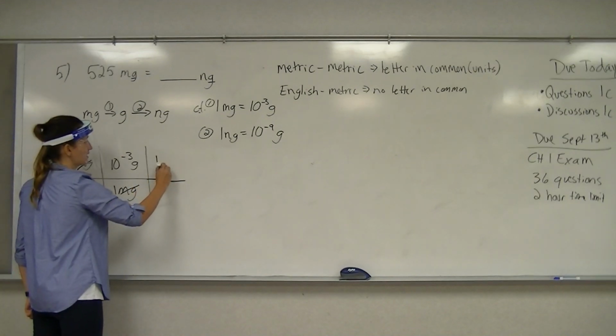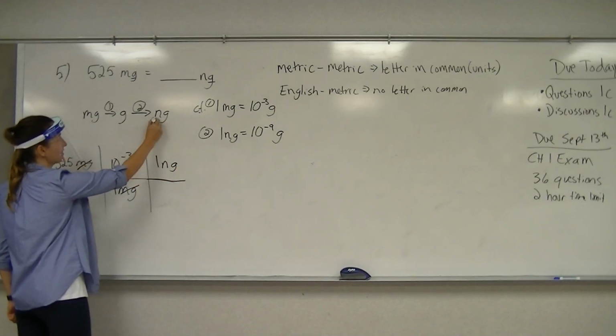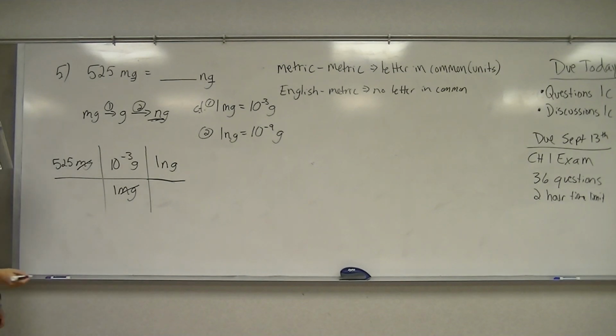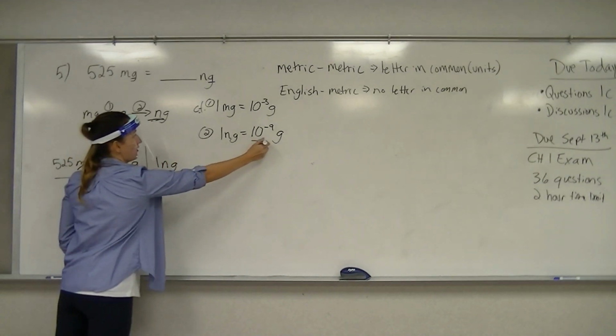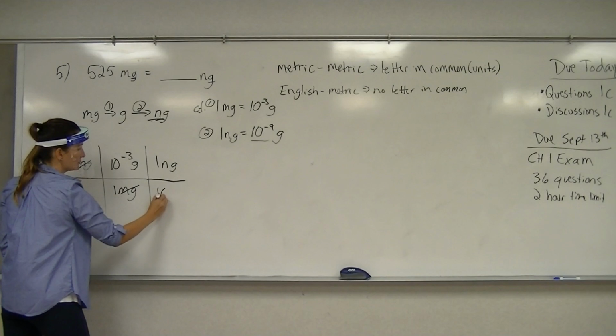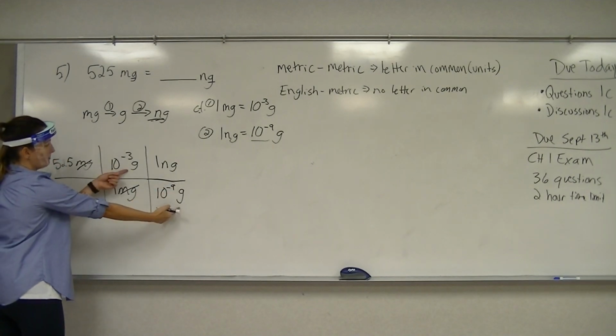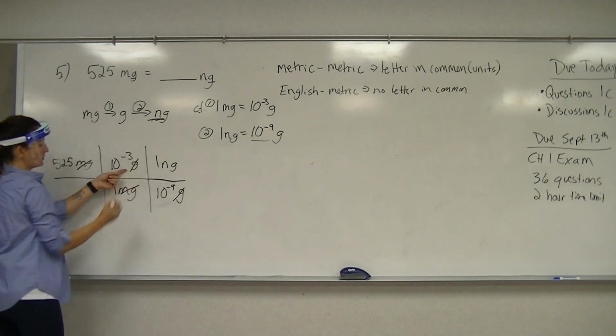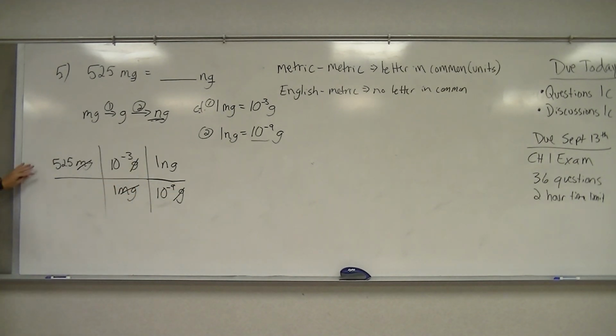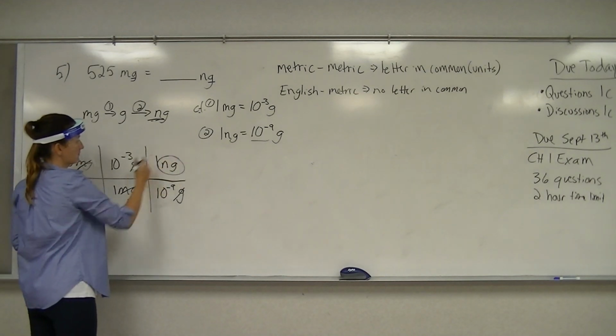The nanos I want on top, because that's the unit I'm trying to keep. That's what I'm trying to solve for. Plus, that'll put the other half of my conversion factor, the 10 to the negative 9th grams, on the bottom, making them on opposite sides of the horizontal line, canceling out. So now you'll notice the only units I have left are my nanograms.